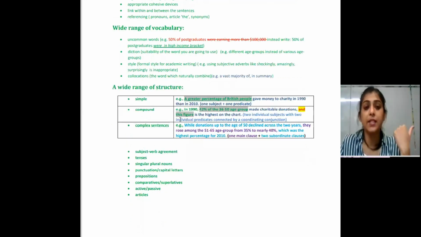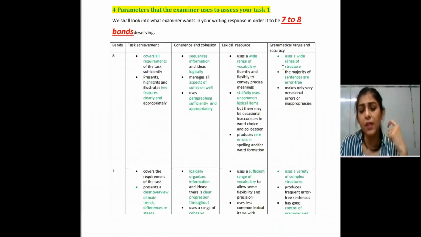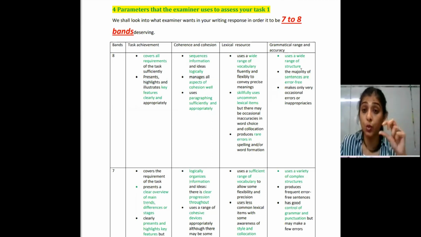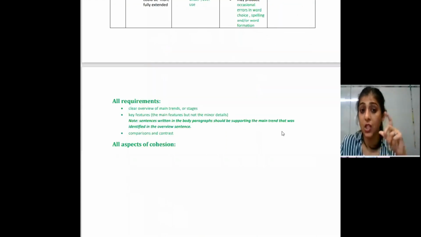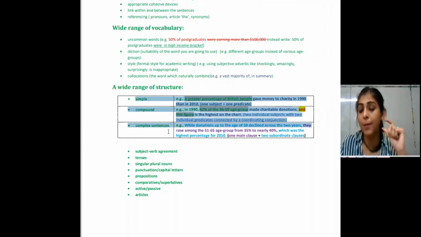Fine. Now, the fourth and last criterion is grammatical range and accuracy. First of all, you show a wide range of sentence structures. A wide range of sentence structures means that you use simple, compound and complex sentences.